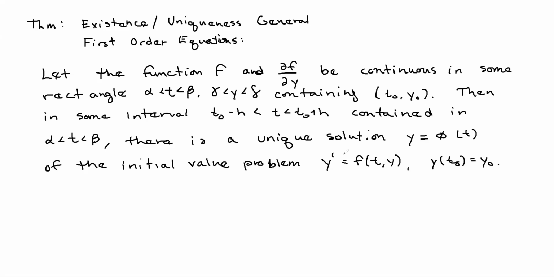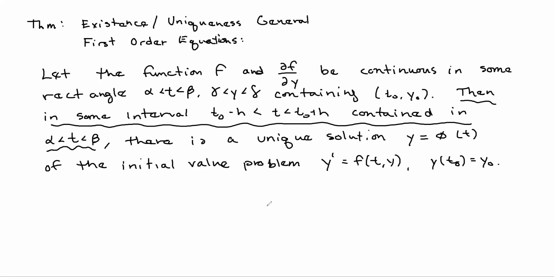The f is the definition for the differential equation, right? So it's the definition for the derivative of y. And then it also makes clear that t naught, y naught is the initial condition once you see it in this form. But let's be clear about what the difference is, and that is this "then in some interval" piece. This is not in the first theorem.